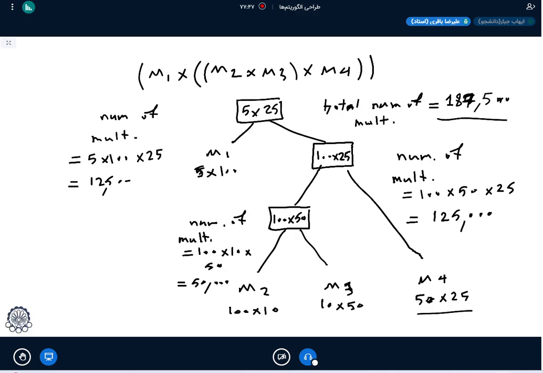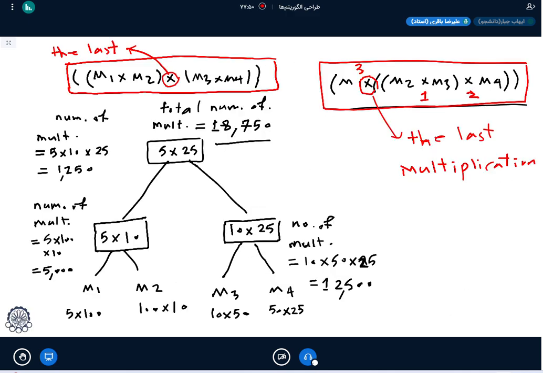No, by optimal parentheses I mean the parentheses that give us the minimum number of multiplications. For example, here in the left side we have a parenthesization, and in the right side we have another one. By optimal I mean which of these is better. We are going to find the best parenthesization.